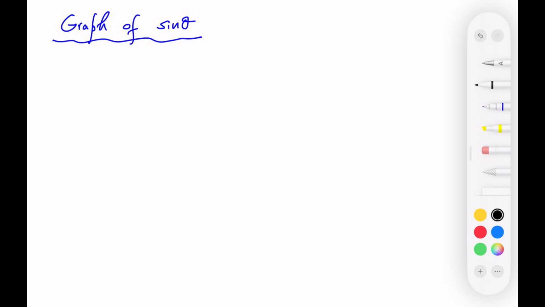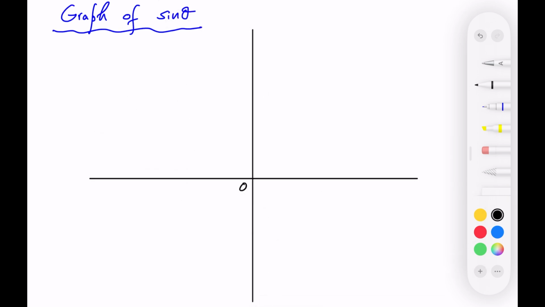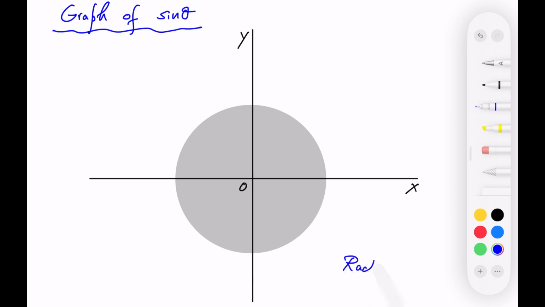First of all, we wanted the OXY axis. Then we wanted a circle centered at the origin right here, and the radius was equal to r. Let's assume that this is that circle of radius equals r.